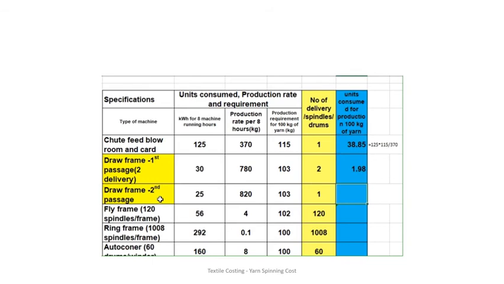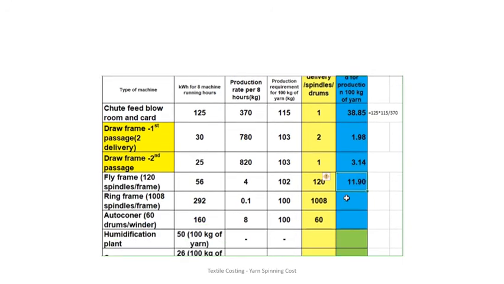Next, the second passage of the draw frame. It is 25 into 103 divided by 820 into number of deliveries, which is 1. So we get 3.14. Fly frame: 56 into 102 divided by 4 into 120. So 11.91 units.